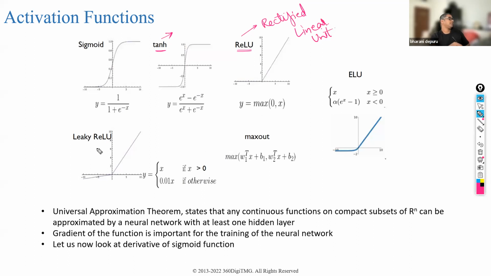Then you have other things such as leaky ReLU. Then you have something called maxout. Then you have ELU, exponential linear unit. All these things we will spend some more time on and understand even better.